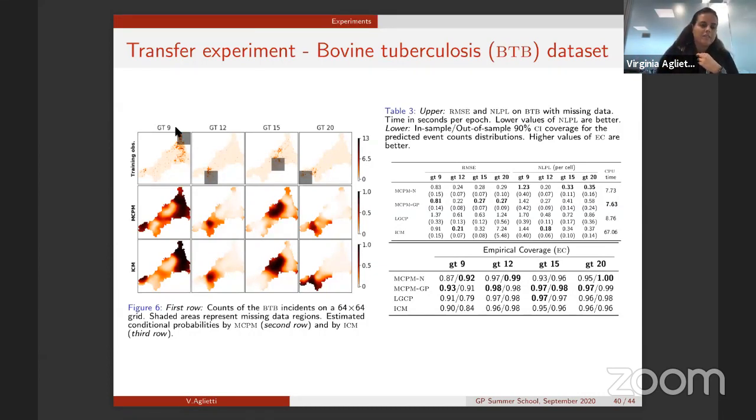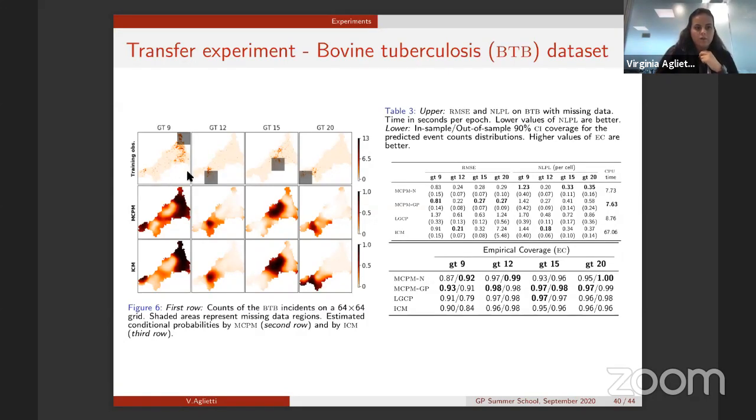GT9 corresponds to a specific strain of the disease, genotype 9, and this is genotype 20. Genotype 20 is generally observed in the south part of Cornwall, while GT9 is observed in the north part of Cornwall. So we can see how different strains of the disease are found in different regions. It's very separate, let's say, in terms of spatial pattern.